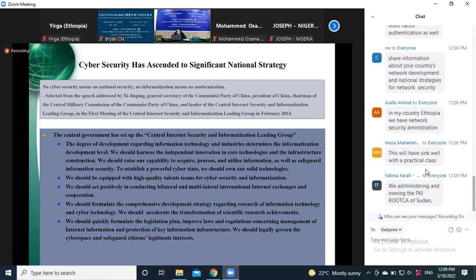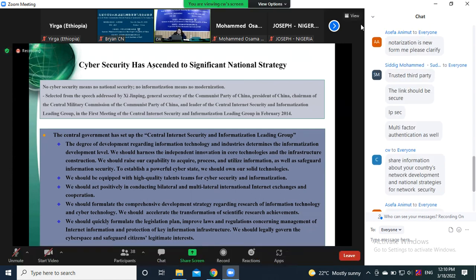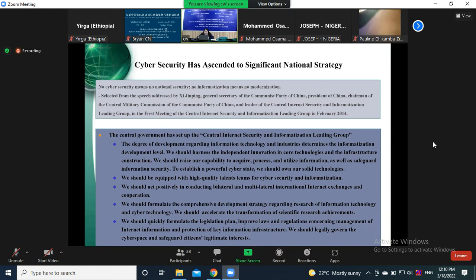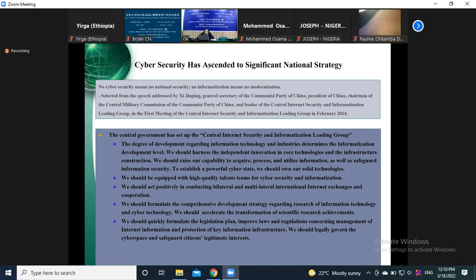In this way, we should adhere to paying equal attention to technologies, legal institutions and management. And then the third is integration of defense and construction. And the fourth is cyber governance according to the norm.